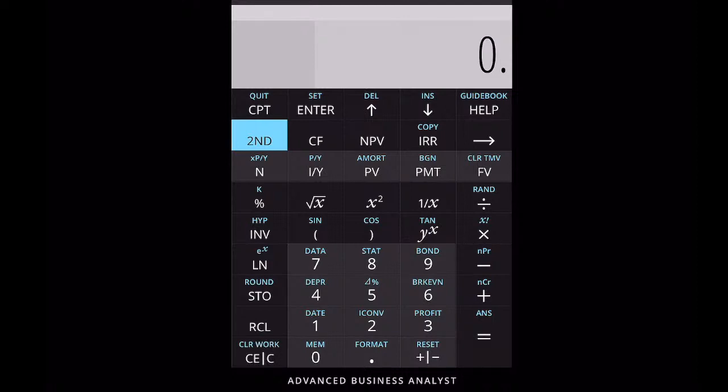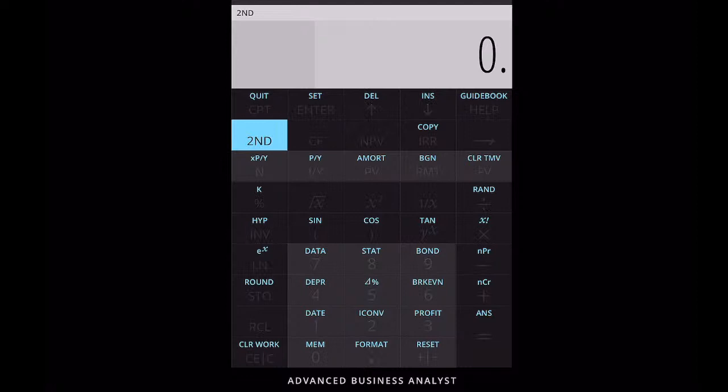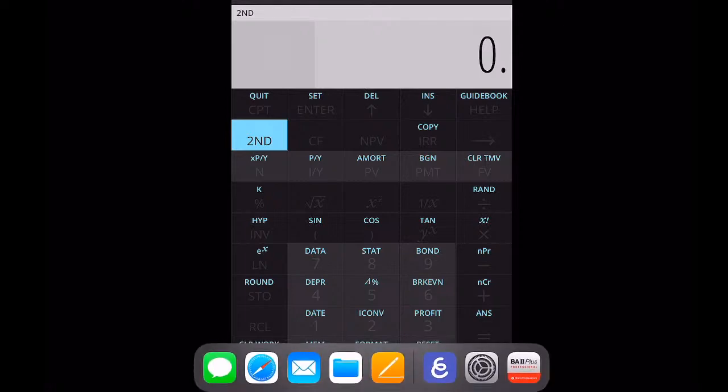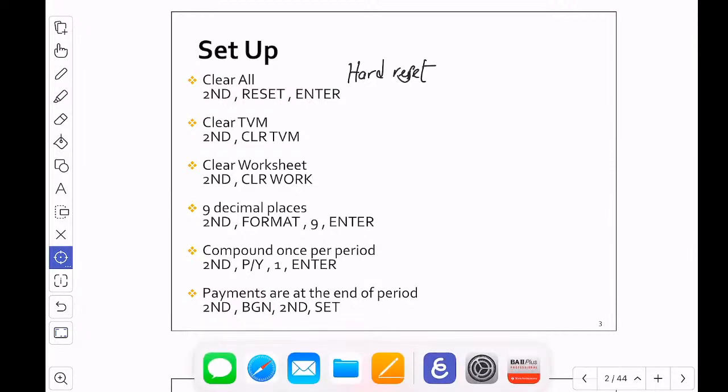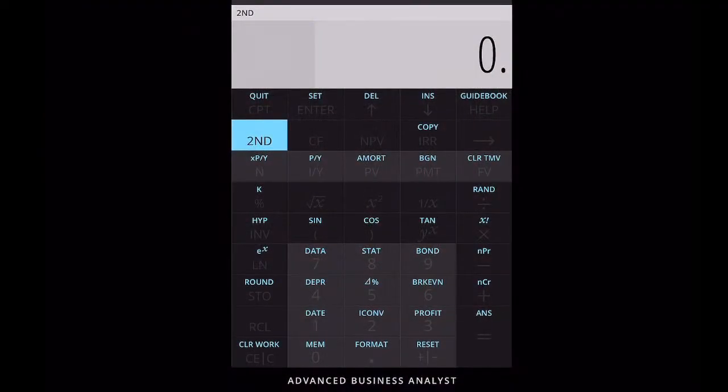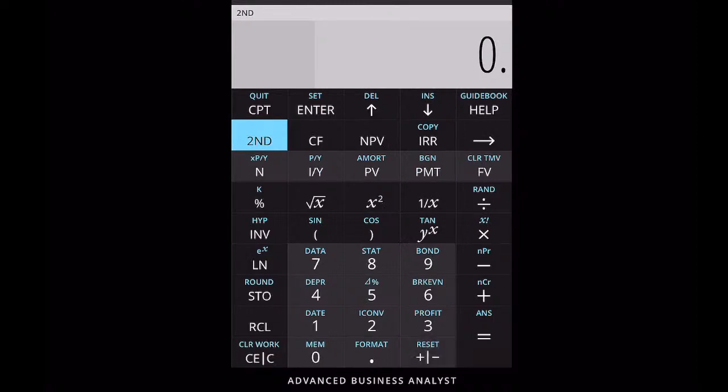So if I want to do a hard reset, I would hit second, wait, let me go back to show you what it said. So second reset, enter, okay? Second reset is at the bottom here, and then enter.